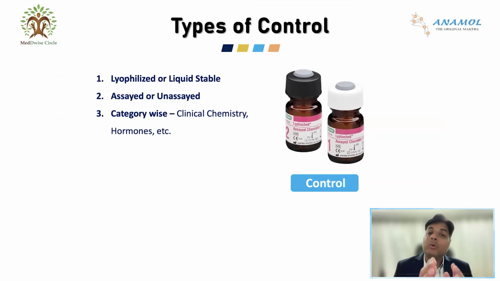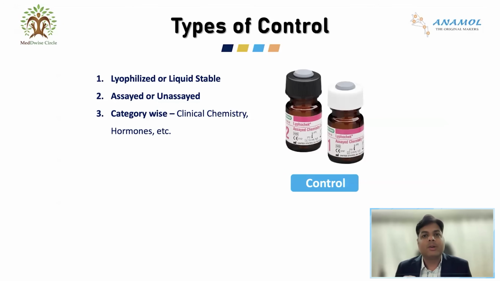Sometimes controls are only for a particular set of parameters that belong to the segment of clinical chemistry. Such types of controls are called clinical chemistry assayed controls. But sometimes the analytes do not belong to the segment of clinical chemistry.